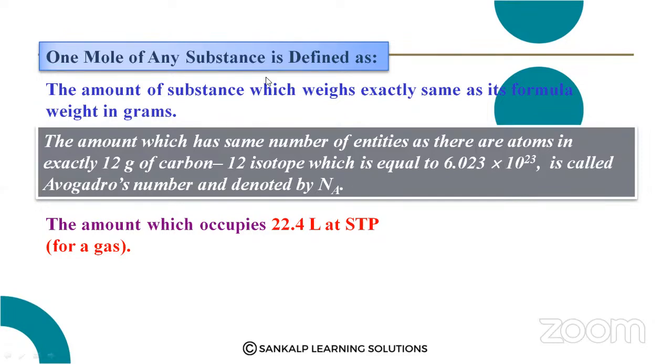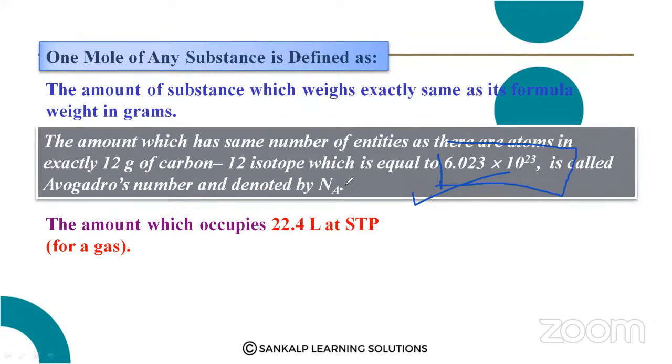Remember this. What is Avogadro's number? 6.023 into 10 raised to 23.